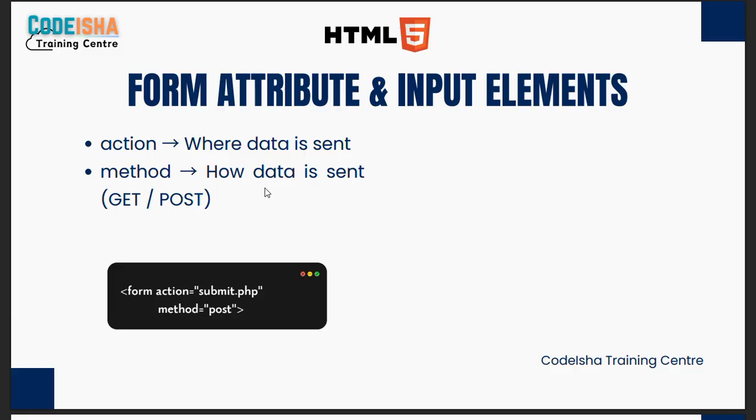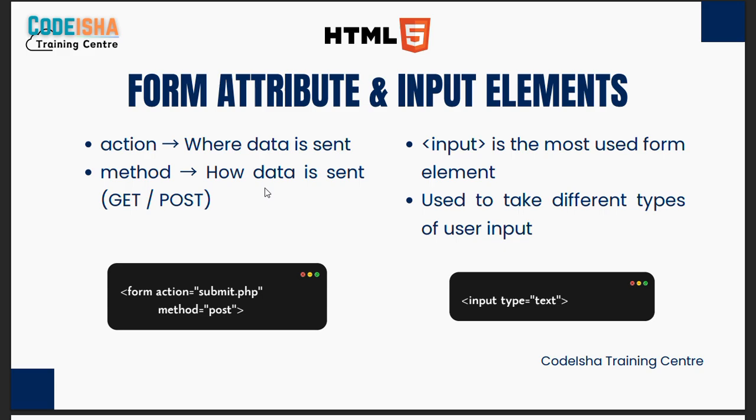That was the form attributes. And coming to the input elements, input is the most used form element. Input is used to take different types of user input. Let's take for example a feedback form. In that feedback form we need to add first name, last name, email address, contact, and the feedback comments. We need to add these five fields, so for that we need different types of input types.